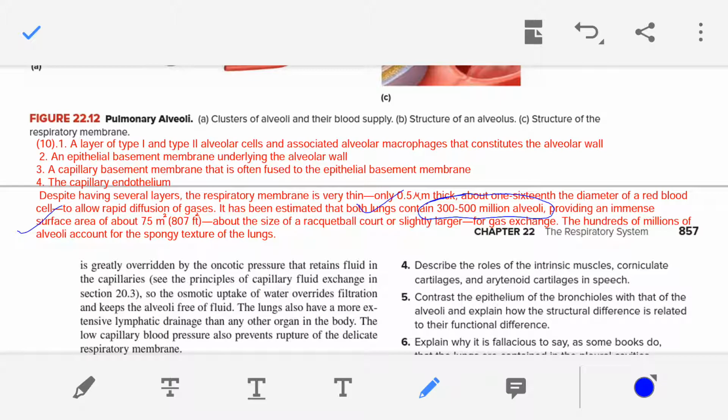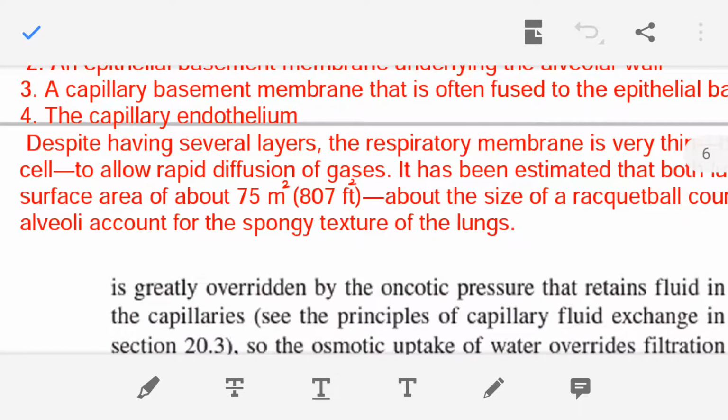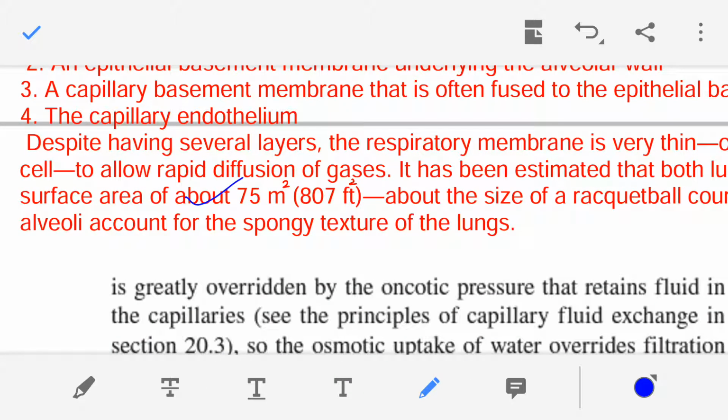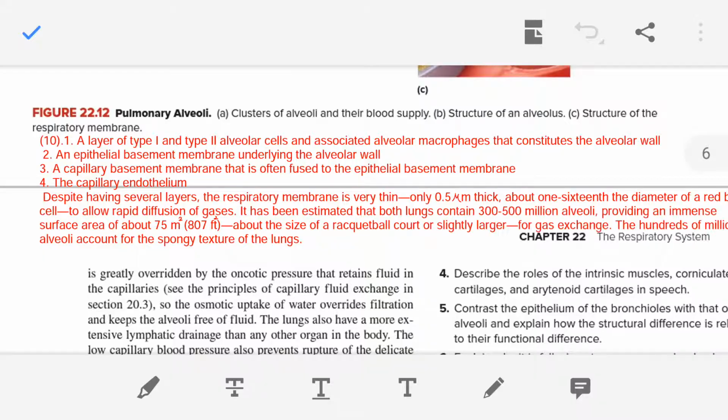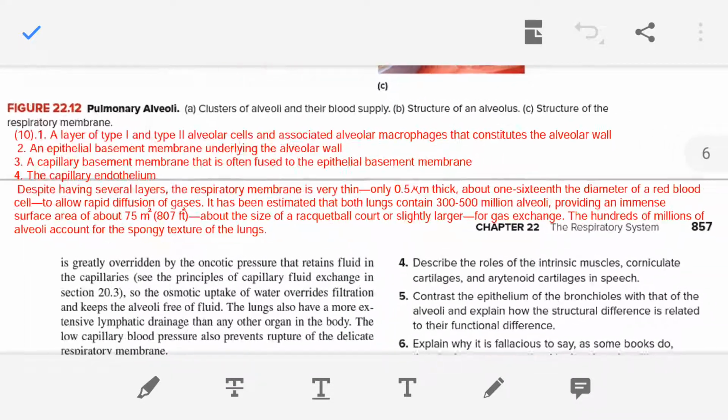This surface area of all the alveoli together is about 75 square meters, or in terms of feet, 807 square feet. So that is the area of all the alveoli surface together.